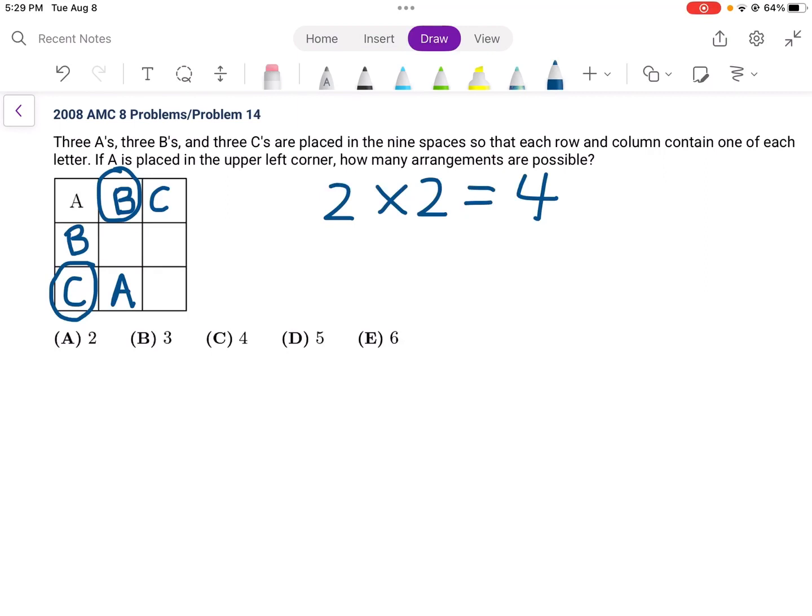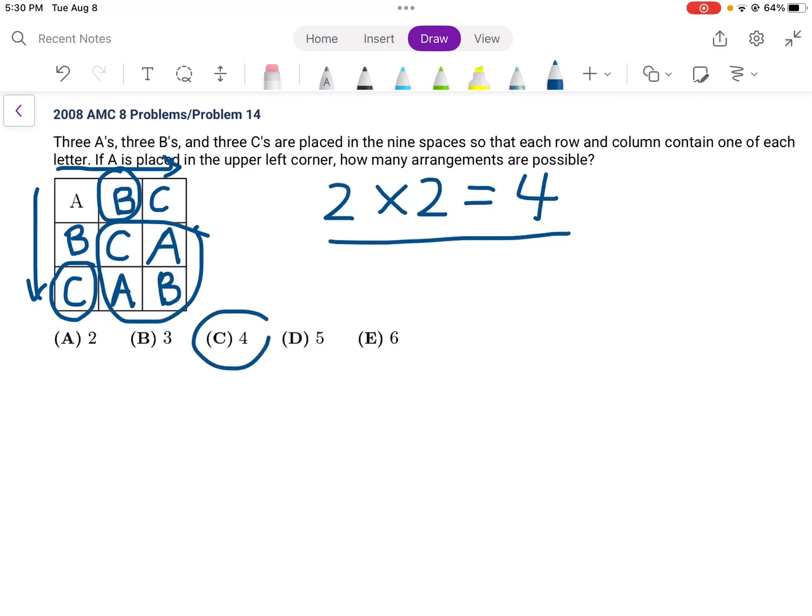So A has to be in here, and C has to be in the center, and also A has to be in the third column of the second row, and B has to be in the last cell. Therefore, once the first row and first column are decided, the other 4 cells have only fixed choices. So the total number of choices will be 2 multiplied by 2 equals 4. The answer is C.